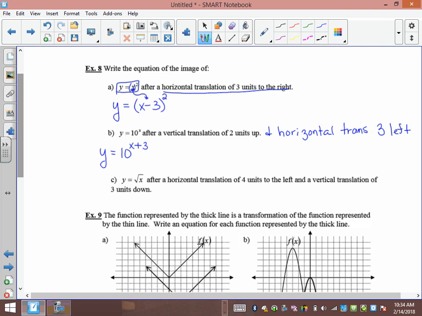Wherever the x is, it joins it. That's it. Doesn't matter where, don't let the equation throw you off. Wherever the x is, it joins it. And then 2 up, plus 2 at the back. If we did replacement notation, it would be y is replaced with y minus 2. And x is replaced with x plus 3. Right? Because you would be replacing the y, so the 2 would be over on this side. So that's why you have to have the opposite.